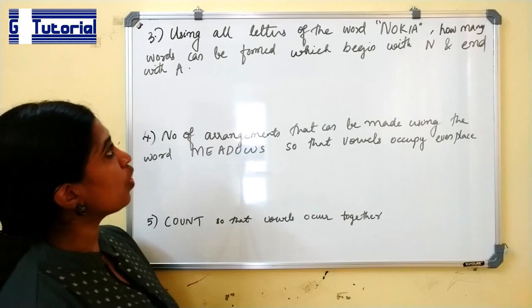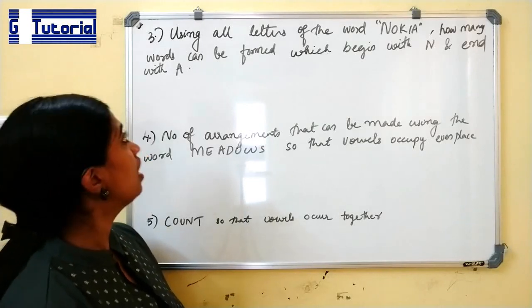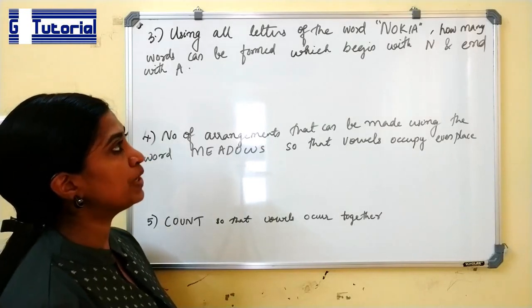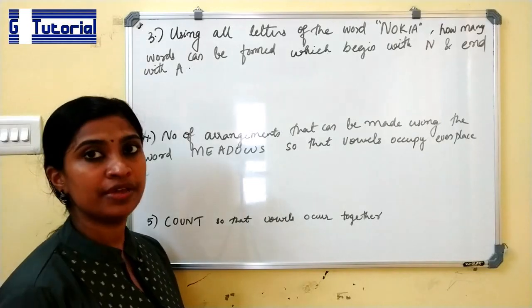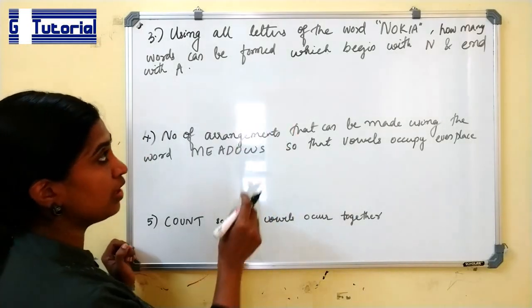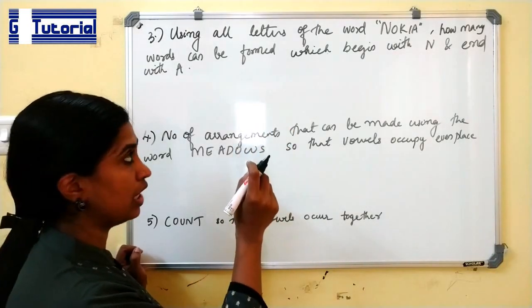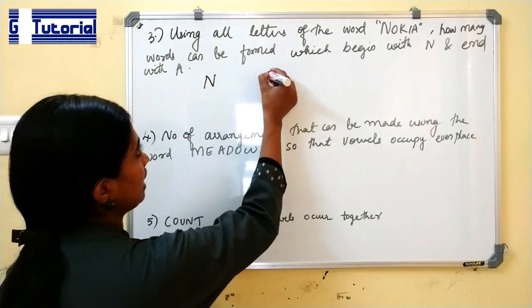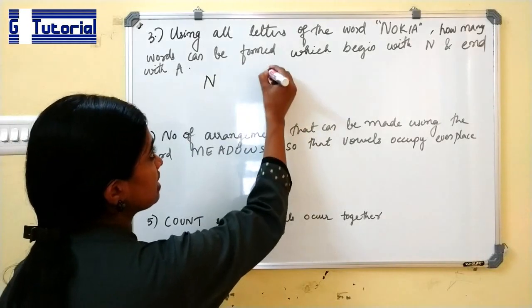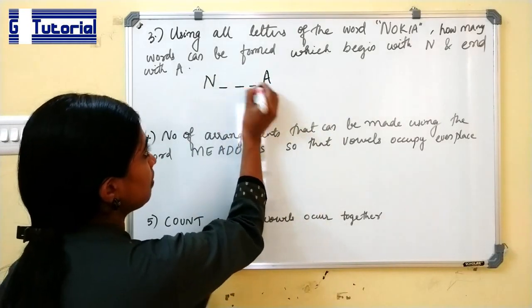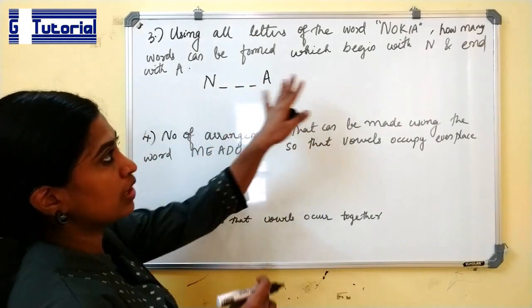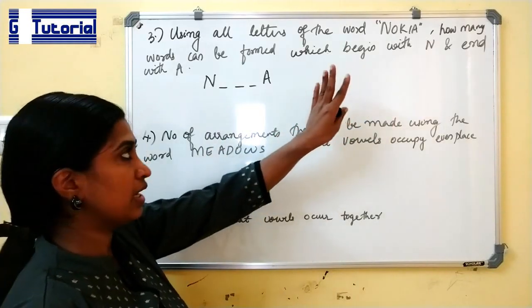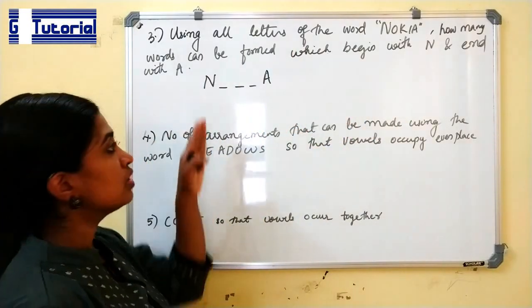Third question. Using all letters of the word Nokia, how many words can be formed which begin with N and end with A? We have to use the letters of the word Nokia so that the word begins with N and ends in A. So the middle letters, O, K and I, can be arranged in any possible way.